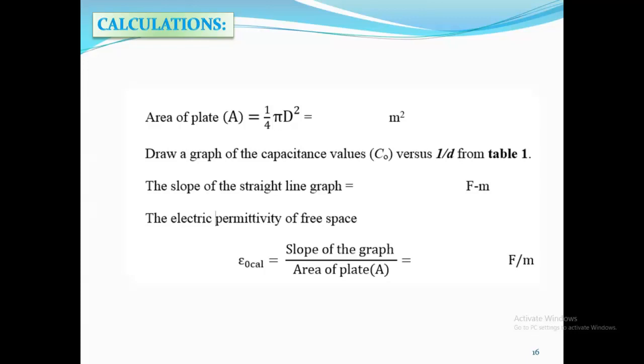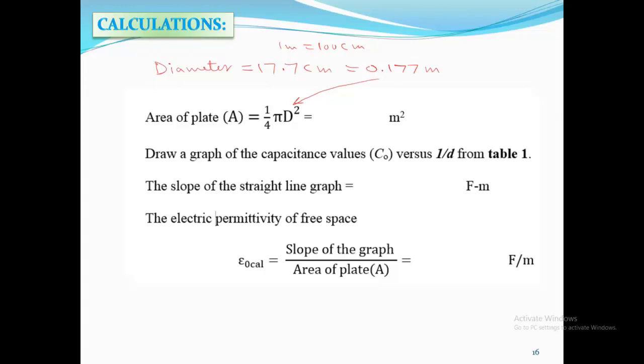Diameter I measured for you 17.7 centimeter. So 1 meter is equal to 100 centimeter, so you divide by 100 and you would get 0.177 meter.